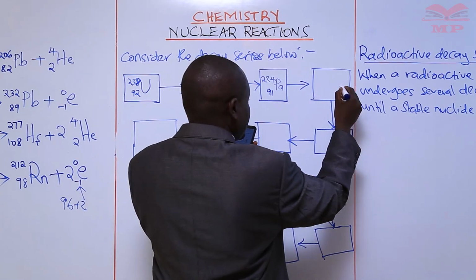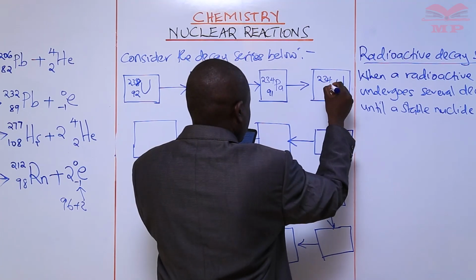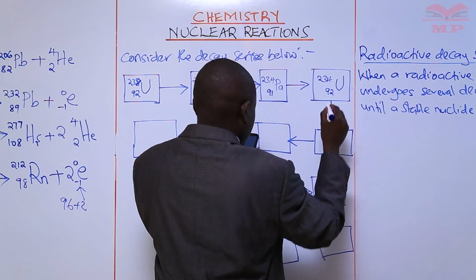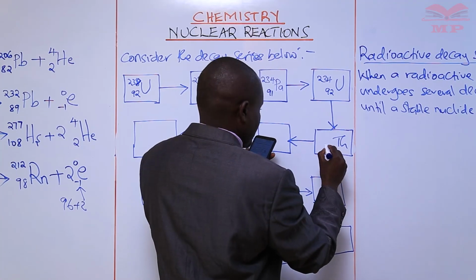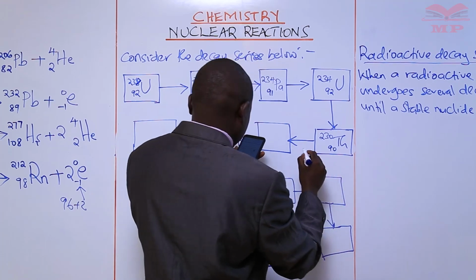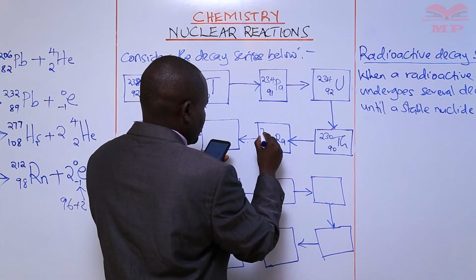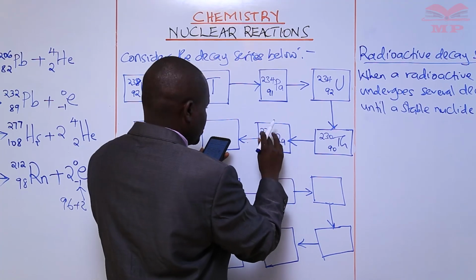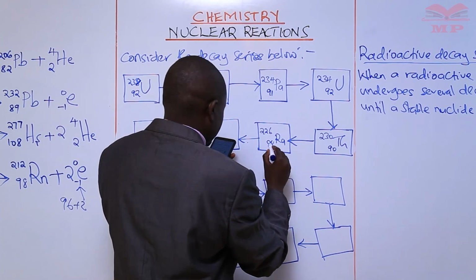It undergoes further decay to produce a new one, mass number 234, atomic number 92. This one also undergoes further decay to produce another one, mass number 230, atomic number 90. It undergoes decay once again to produce a new one, mass number 226, atomic number 88.